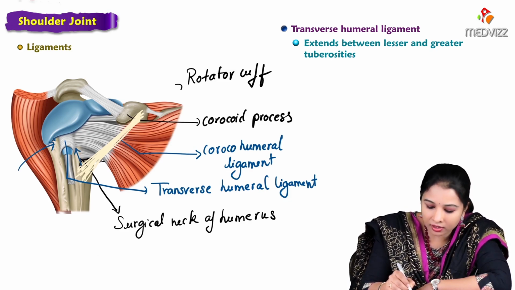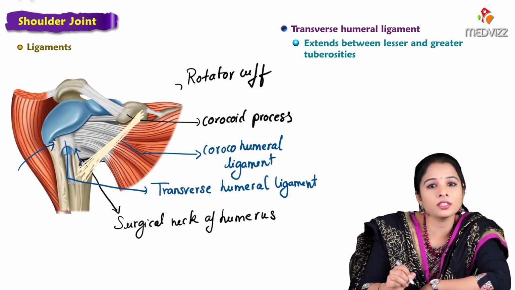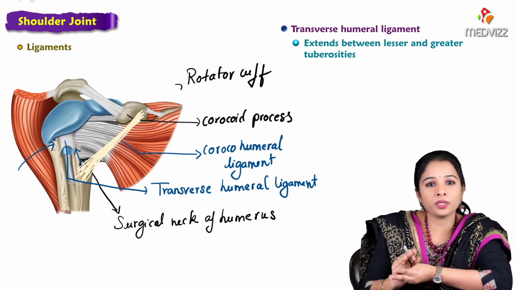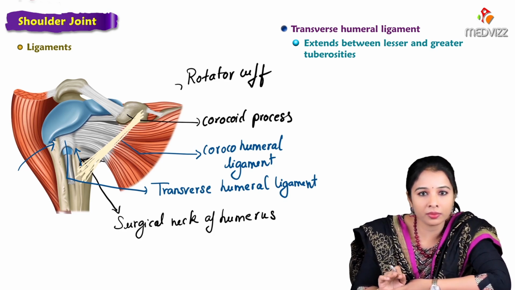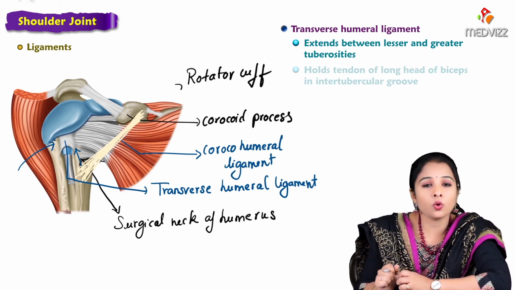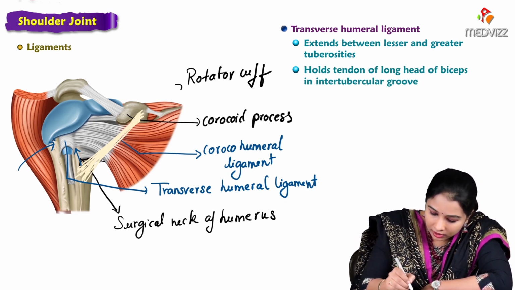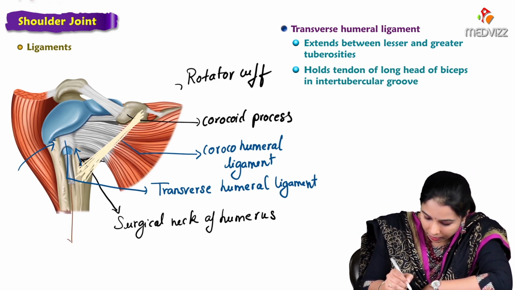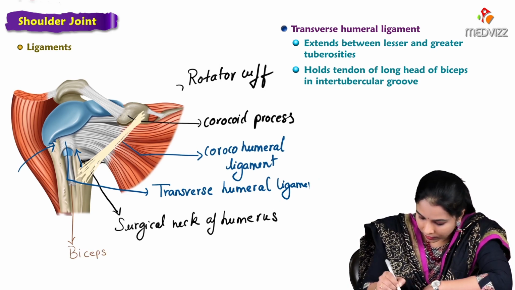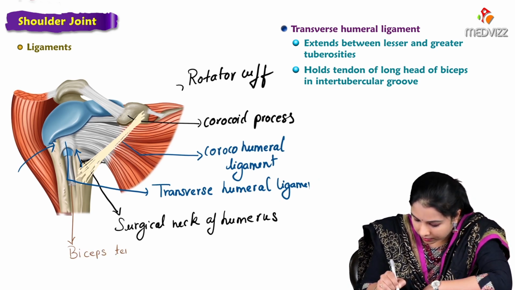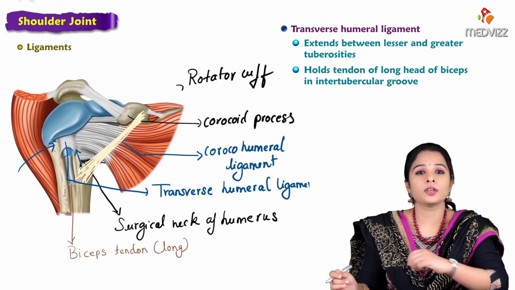In between is the intertubercular sulcus. The groove is bridged by the transverse humeral ligament, enclosing a tendon. It holds the tendon of the long head of biceps. So we can see the tendon of the long head of biceps within the bicipital groove.